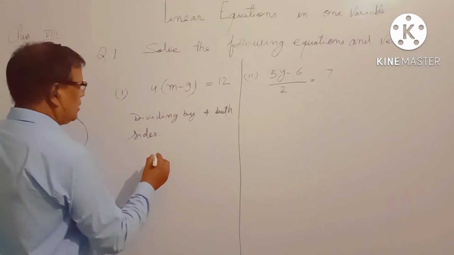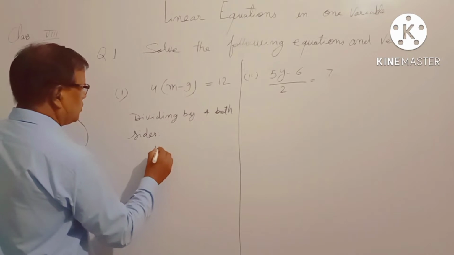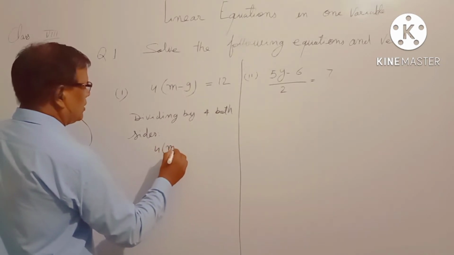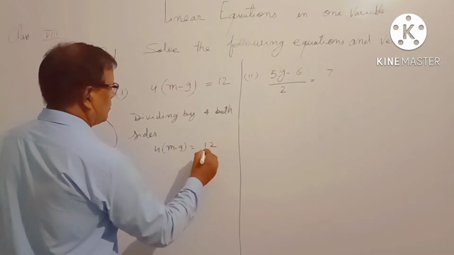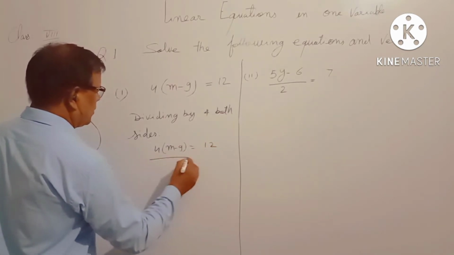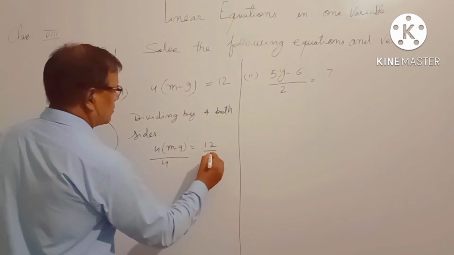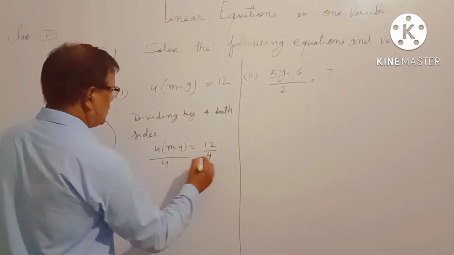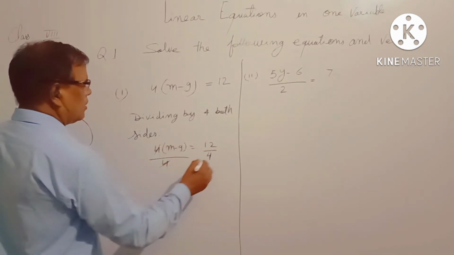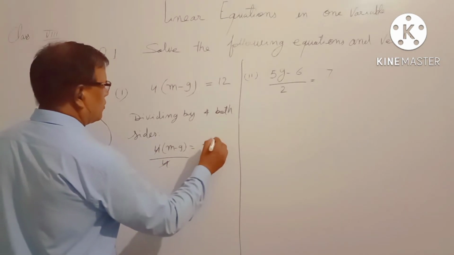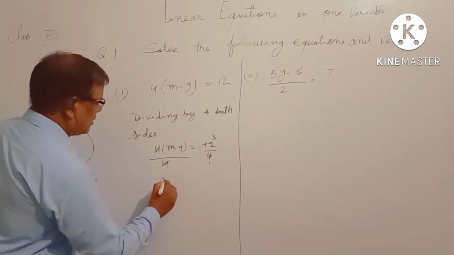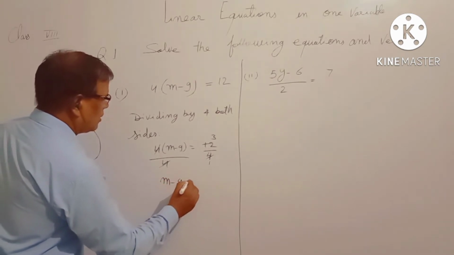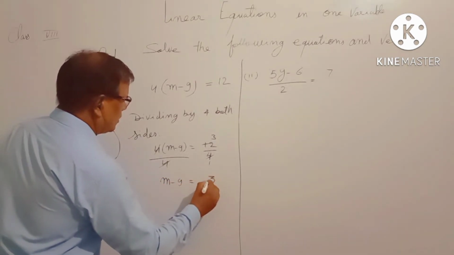4 into m minus 9 equal to 12. Now we divide by 4 on both sides. 4 ones are 4, and 4 threes are 12. We get m minus 9 equal to 3.